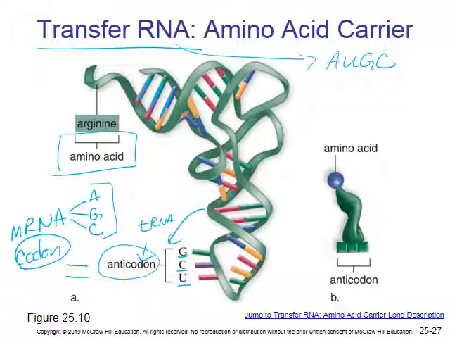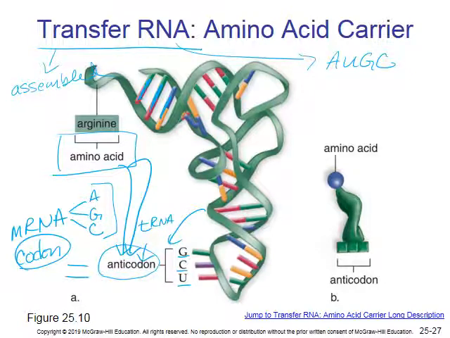I do want you to realize that these transfer RNAs are already assembled. So the transfer RNA is created, it goes out, it finds the amino acid that matches its anticodon sequence, and these transfer RNAs are floating around in the cytoplasm ready to be pulled in and drop off their amino acid if the anticodon matches or complementary pairs with the codon on the messenger RNA.